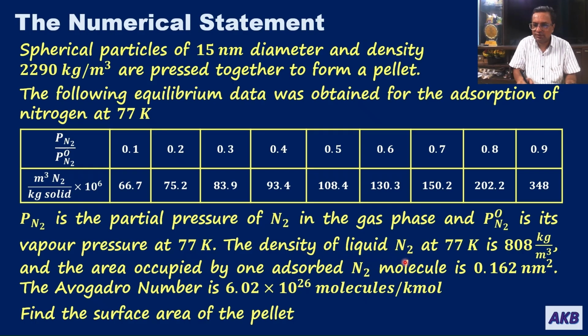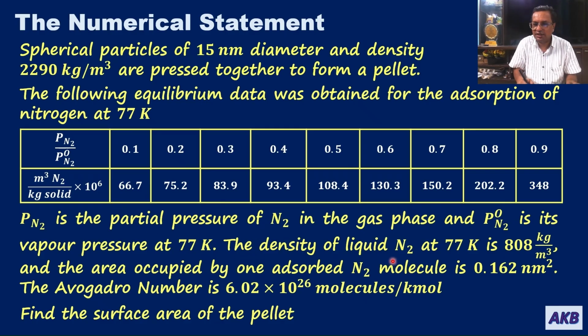One parameter is the ratio of partial pressure to vapor pressure of nitrogen, whereas the other parameter is meter cube of nitrogen per kg solid, per kg adsorbent, into 10 to the power 6. So meter cube nitrogen per kg solid into 10 to the power 6 is equal to 66.7. I will explain this when I come to it during the solution.